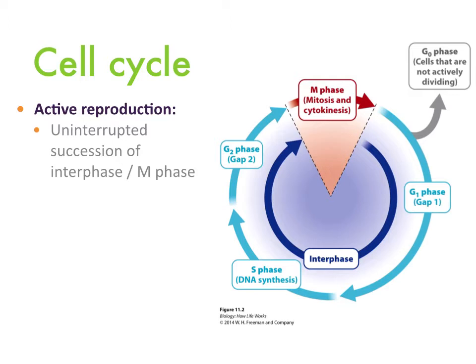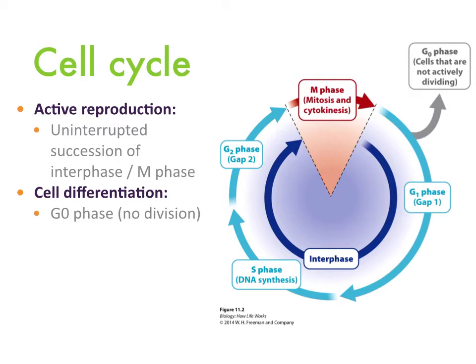But for most cells of an adult or even an already relatively well-developed organism, you will have a different phase that is in between the two, and it is called the G0 phase. It is a phase where the cells are not dividing, so they are not in a phase of the cell cycle. They're not in G1, they're not starting to grow a cell in order to divide it.